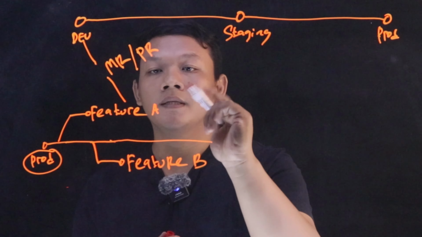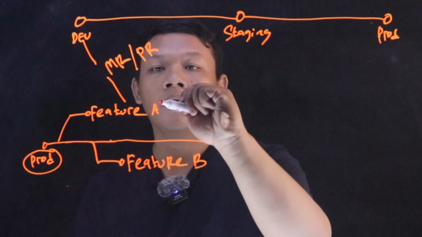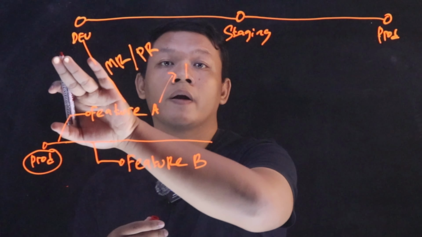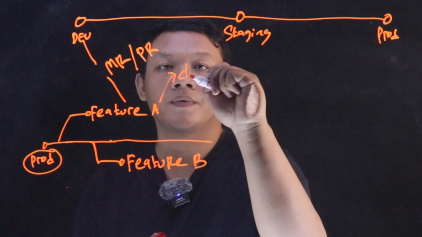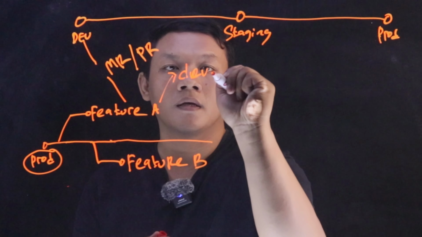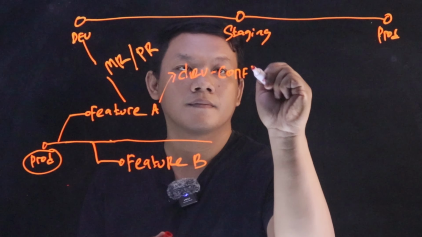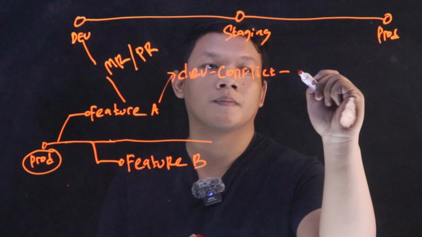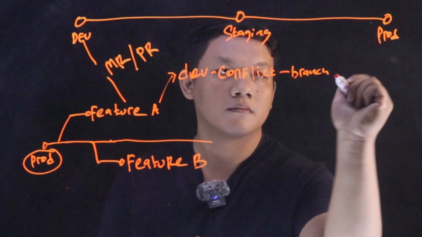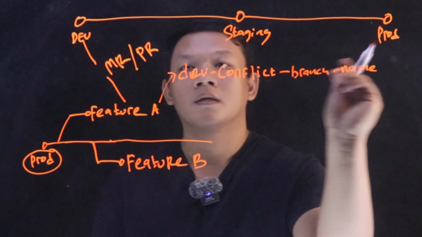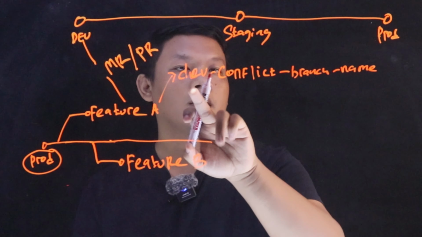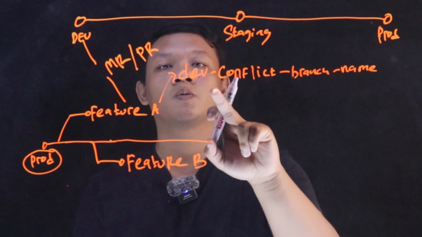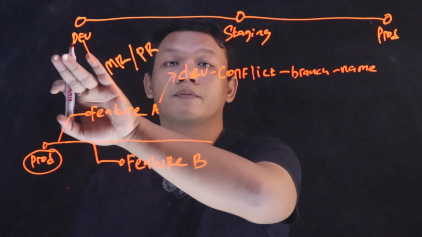When a conflict is raised, we create another branch from this feature branch. We name it after whatever the environment is, in this specific example dev conflict, followed by whatever your branch name. When we create this new branch, we have to solve the conflict manually in our local with the dev branch.